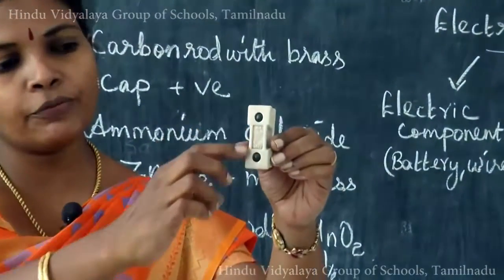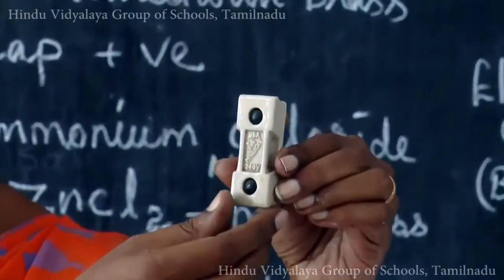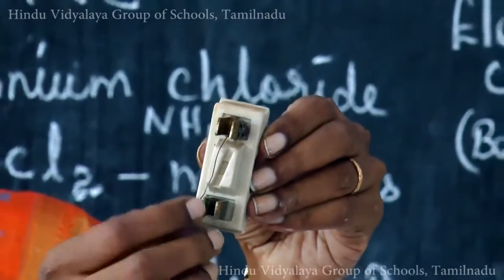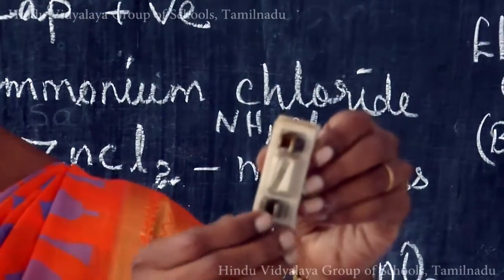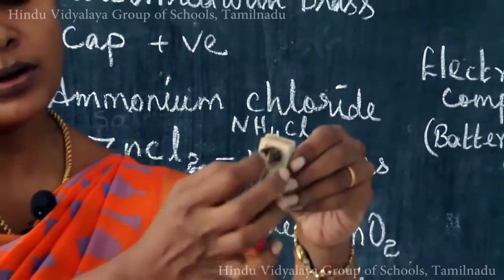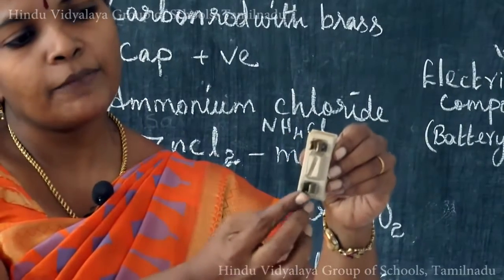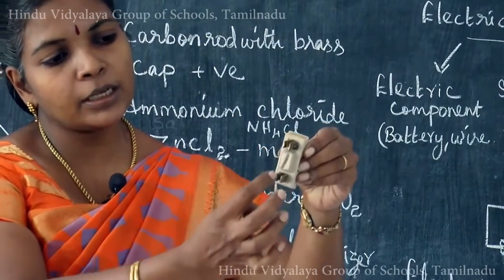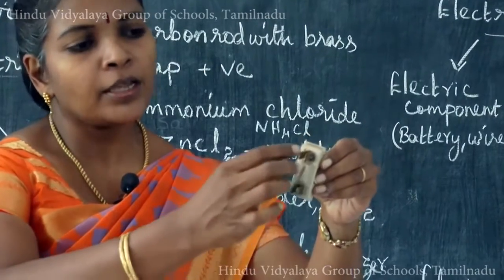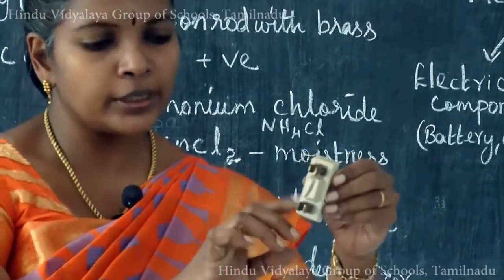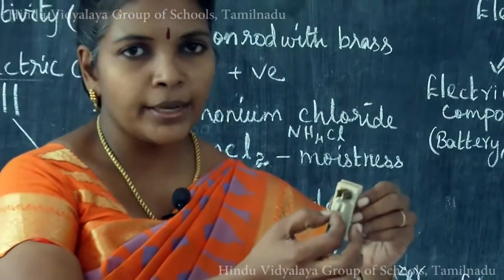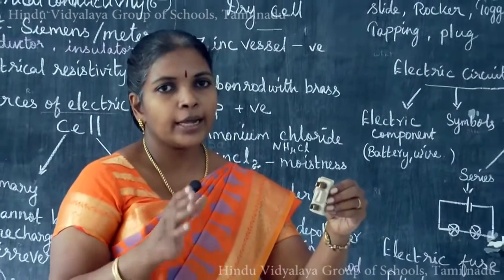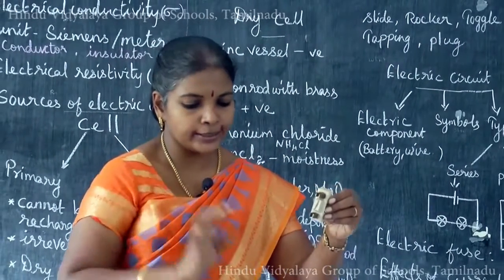This electric fuse is made of a ceramic core and it has 2 points and a fuse wire, which is made of a material with a low melting point, connected between the 2 points. If heavy current flows, the fuse wire melts. When the fuse wire melts, it becomes an open circuit and current does not flow through the circuit.